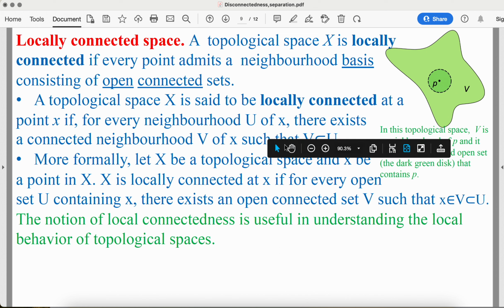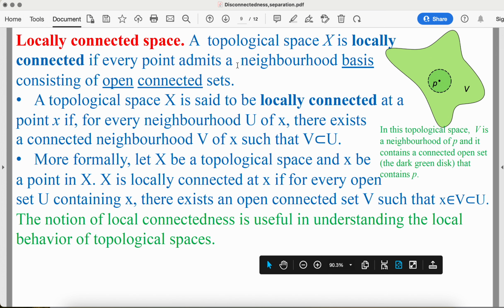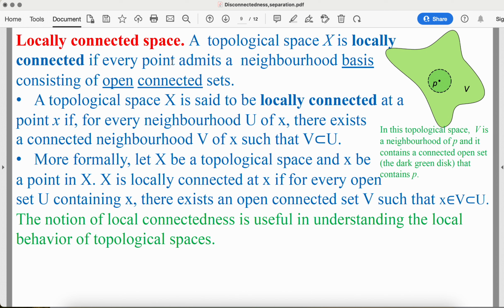A topological space X is said to be locally connected if every point admits a neighborhood basis consisting of open connected sets.